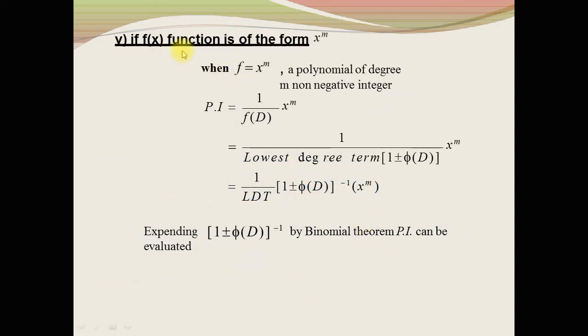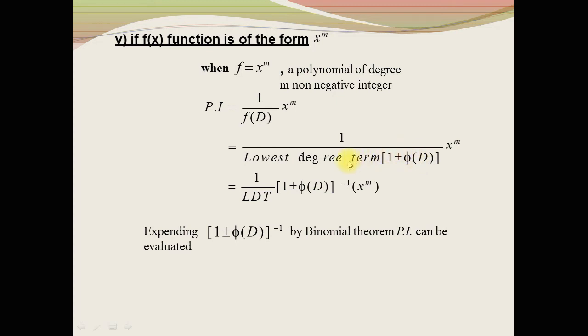Now case number 5, if the right hand side function is in the form of a polynomial, then the particular solution will be equal to 1 over the differential operator into x power m. So taking the lowest degree term common from the differential operator, we obtain the lowest degree term into 1 plus some function of d.